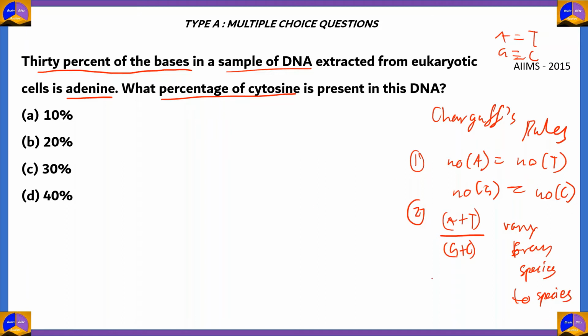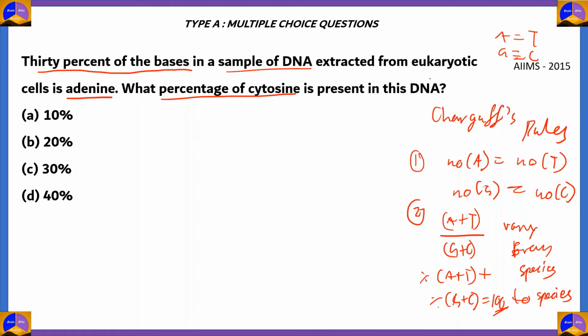However, one thing that is common is that the sum of the percentages of A plus T and G plus C always leads to 100, because these 4 nitrogenous bases make up the whole DNA. So this has to be true.